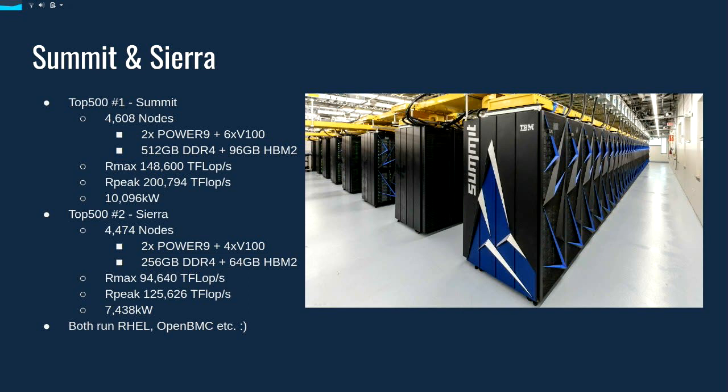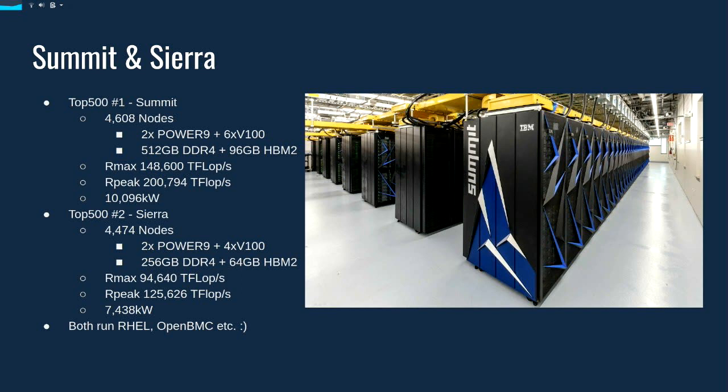The IBM AC922, this is an exploded view of one. This is a particularly significant machine because they power two supercomputers called Summit and Sierra, which are the number 1 and number 2 supercomputers in the world at the moment. You can see the specs there. I won't test your patience by reading through every single one, but there's a couple of variations in the way they set it up.